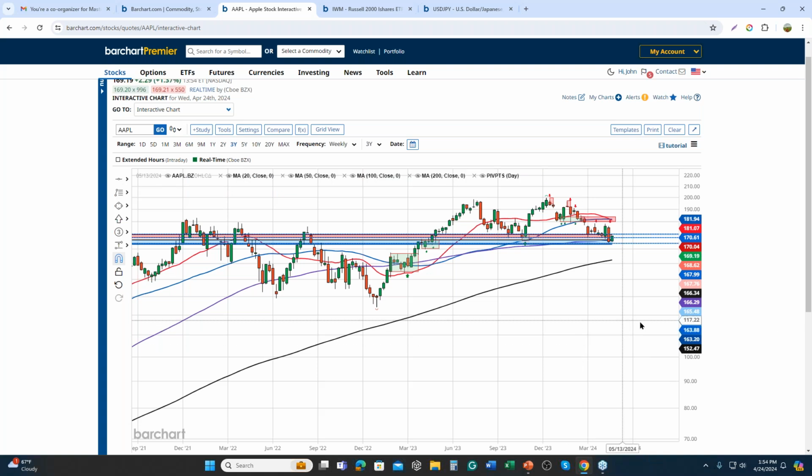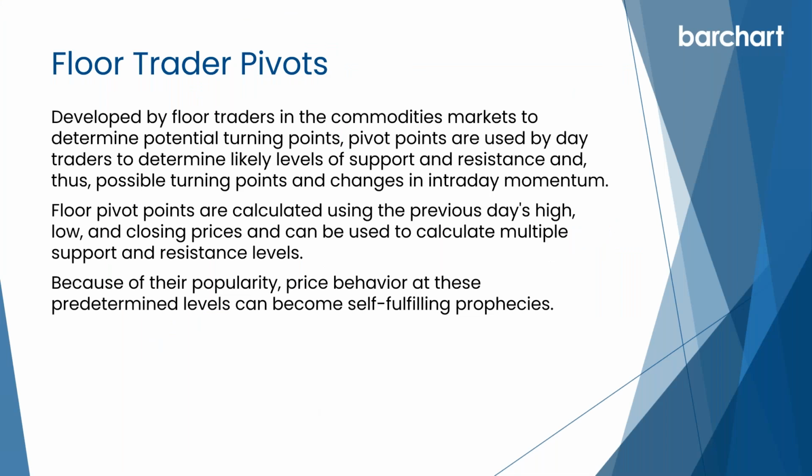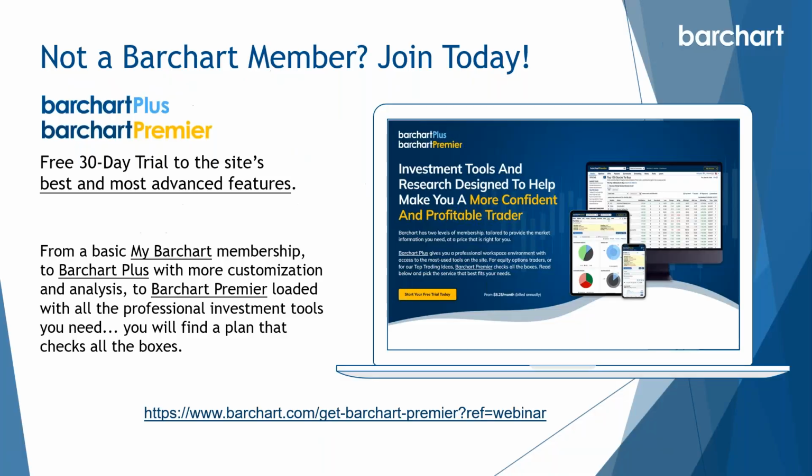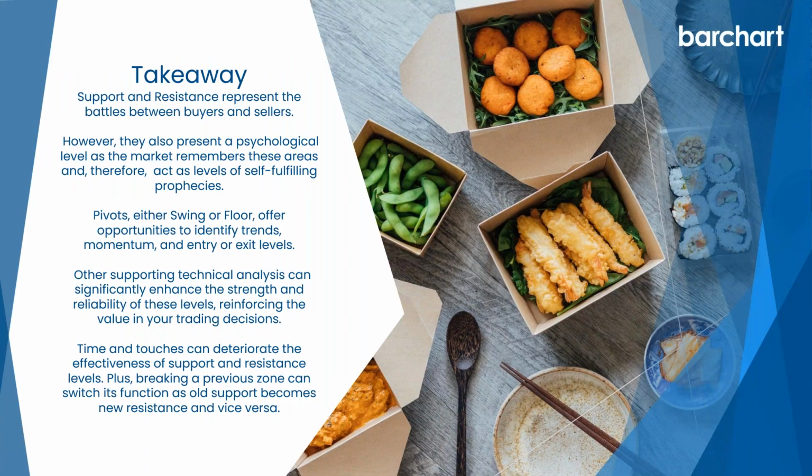Okay, so we got about 5 minutes left here. Let's go back to our slides for a second. Let me give you some takeaways. All right, support and resistance represents these battles between buyers and sellers. That's as simple as I can make it. That is the truth about price, right?